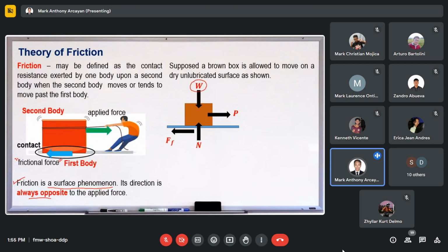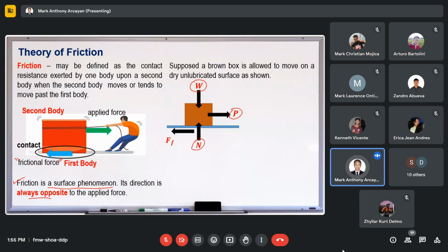Then, since ni rest man siya on this surface, so ang surface ni exert po siya upward force represented by N. Pasabot ani normal force. So this normal force is always perpendicular to the surface. Then para mo move ni siya ang brown box, so let's apply a force P towards the right.